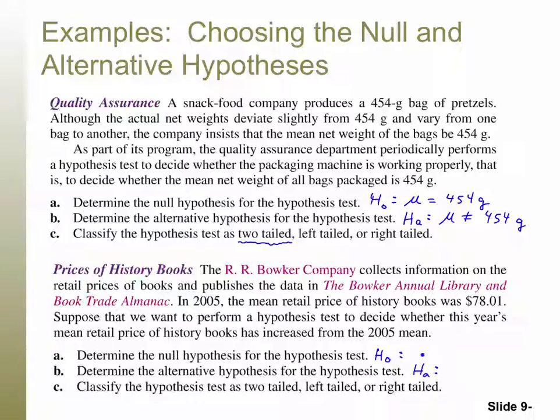Okay, null hypothesis: population mean equals 78.01. That's our null hypothesis. And then we're interested in an alternate. What's our alternate hypothesis? They're saying greater. Agree with that? So that the actual mean is greater than 78.01.